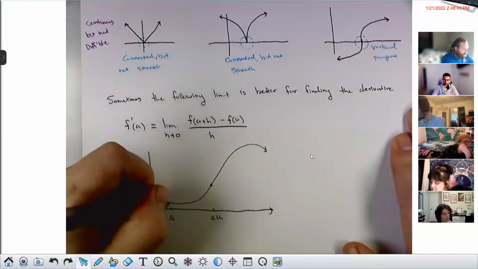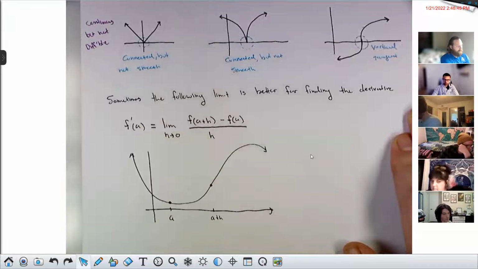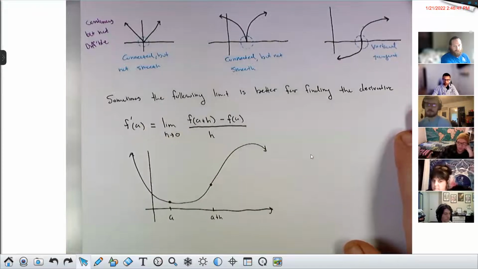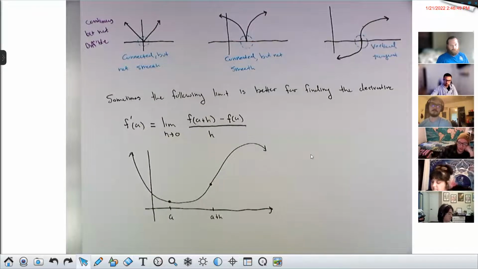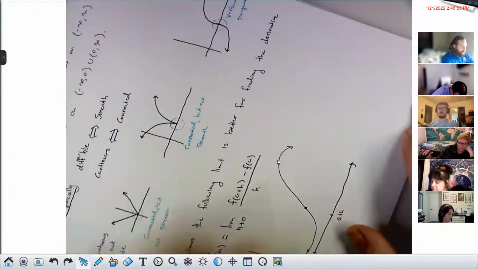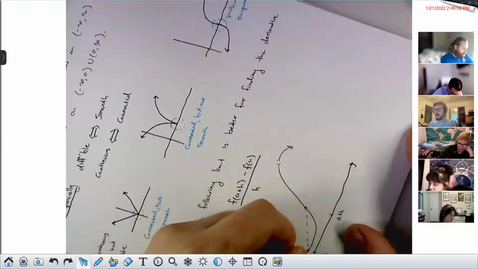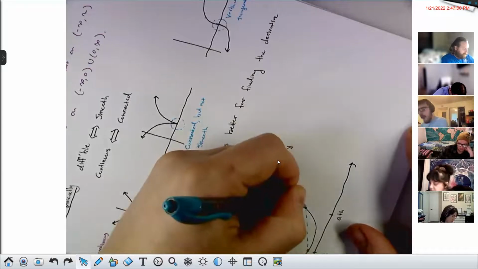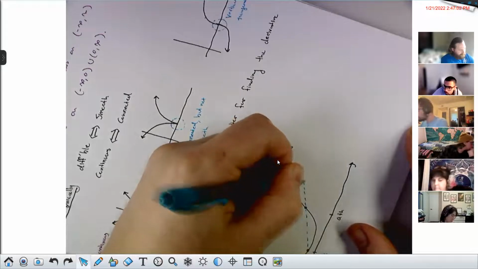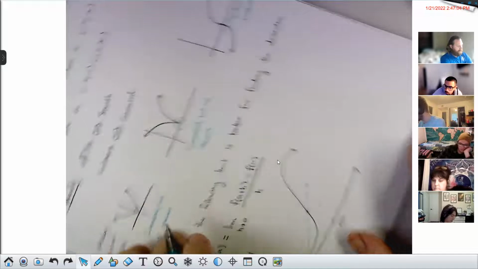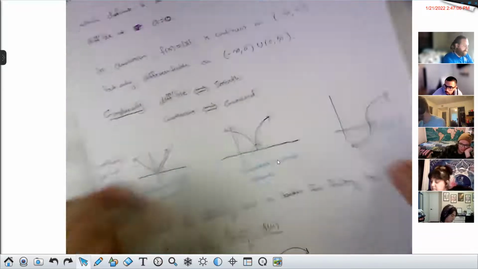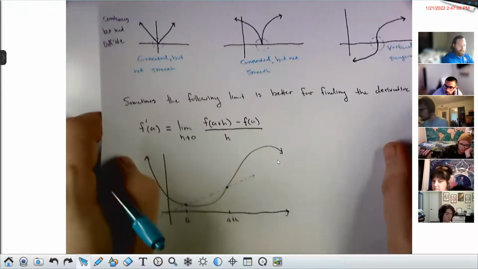Instead of talking about x and a, I can talk about a and a plus h. Again, the idea is to take a limit of slopes of secant lines to get the slope of a tangent line.